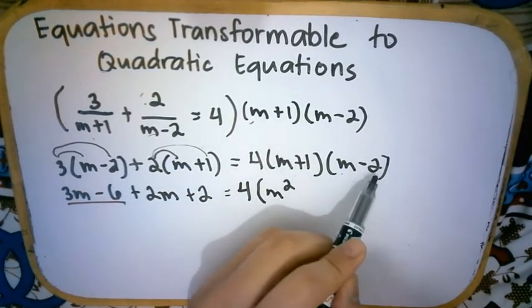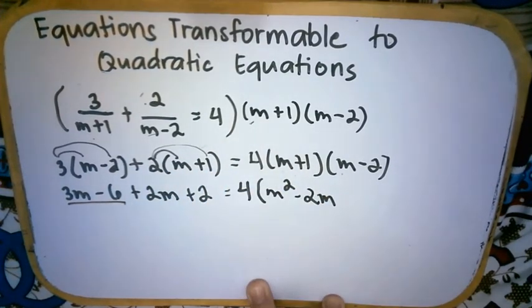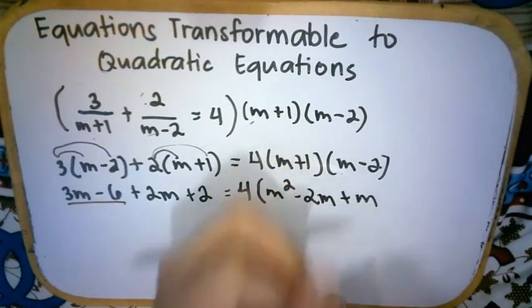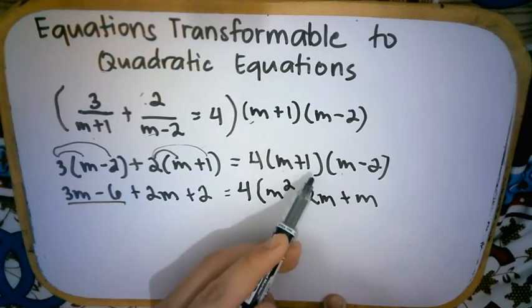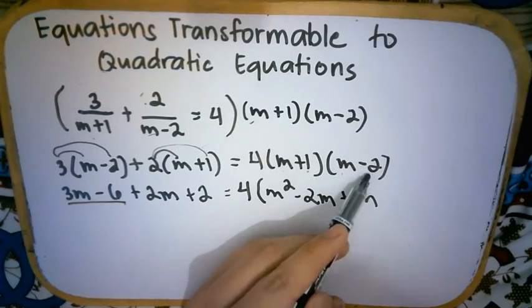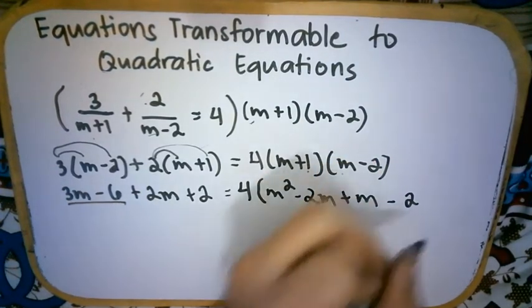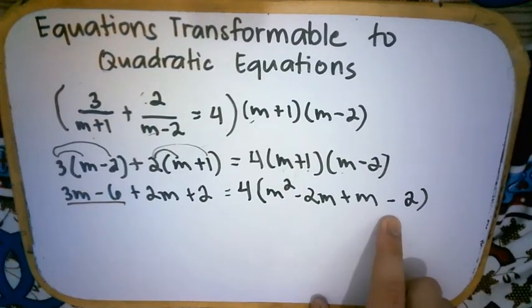So, m times negative 2 for the outer is negative 2m. And then, 1 times m for the inner. So, simply m. So, hindi na natin kailangan ilagay yung 1. And then the last terms, 1 times negative 2. So that will be minus 2. Then don't forget to write the quantity.